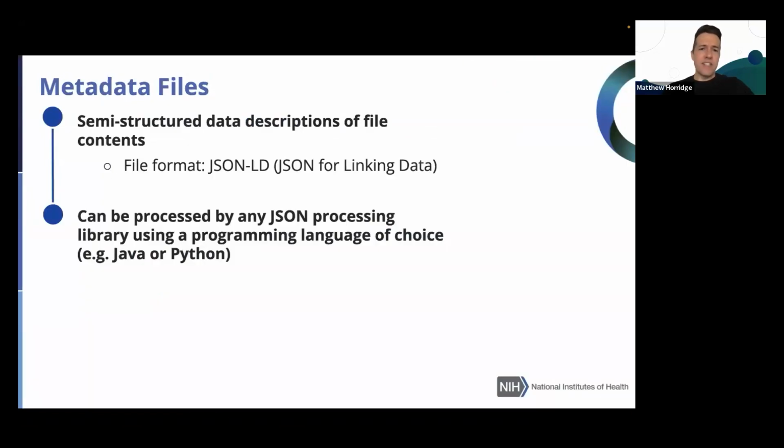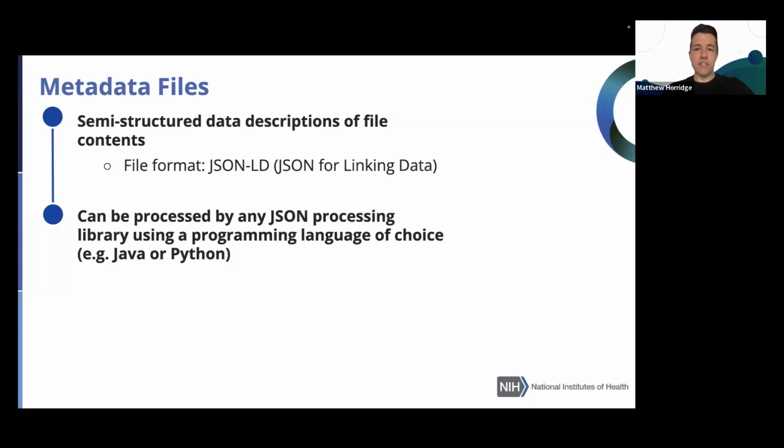So for a given data file, its metadata file contains semi-structured descriptions of the data file and its contents. And these kinds of metadata files are formatted in JSON LD, that's JSON for linking data.